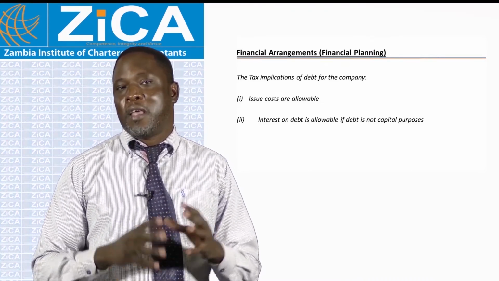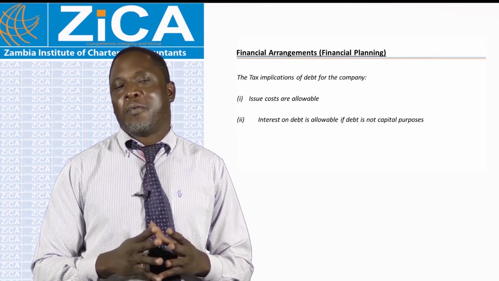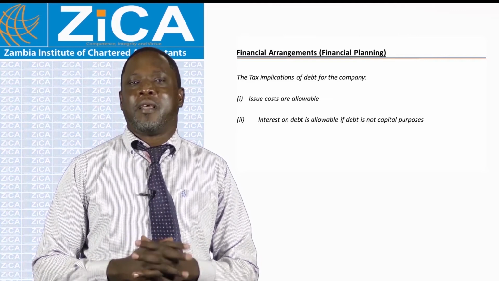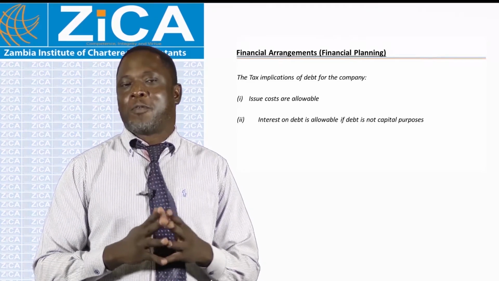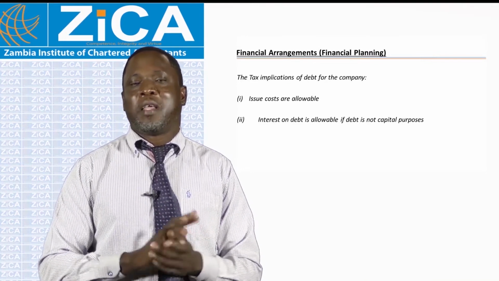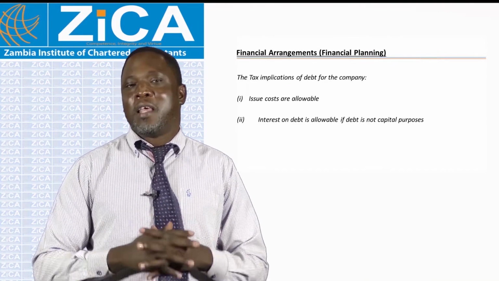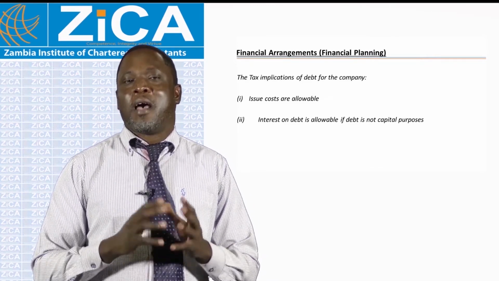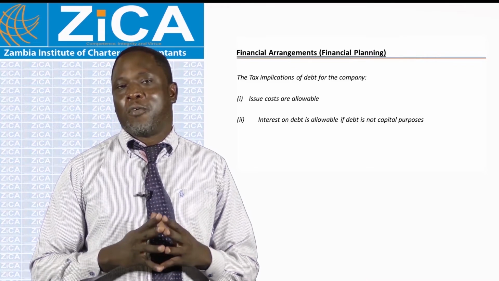Number one, the issue costs will be allowable as long as the finance is not for capital purposes. But if the finance is used for capital purposes, then the issue costs will not be allowable. Similarly, the interest on the bonds or on the debt will be allowable as long as the debt is not for capital purposes.